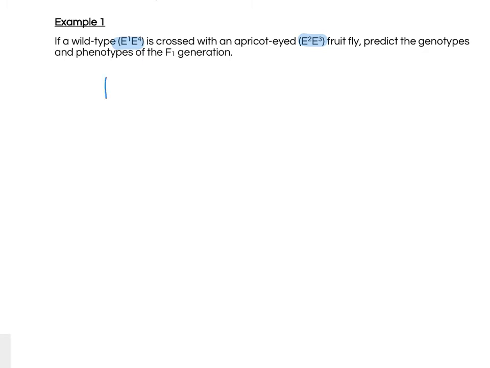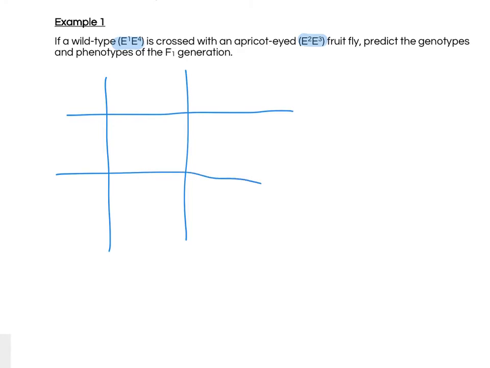So I'm going to do my Punnett square. I'm going to separate the alleles for the wild type or red eye, so E1, E4, and then E2, E3.